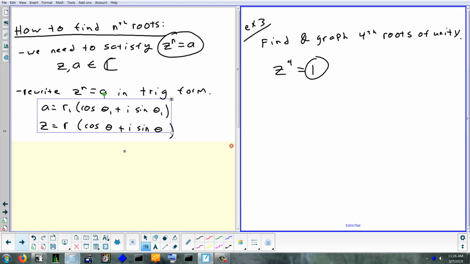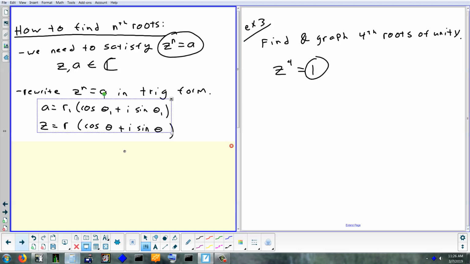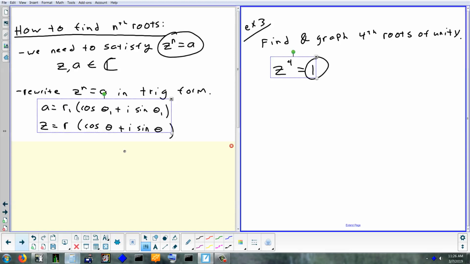So let's start with the left-hand side because that's easy. Literally just copy what I have for z and change it on the right-hand side. So it's r(cosine theta plus i sine theta) to the 4th. And that's the whole goal. You're trying to find the radius and the angle for the answer to this problem.